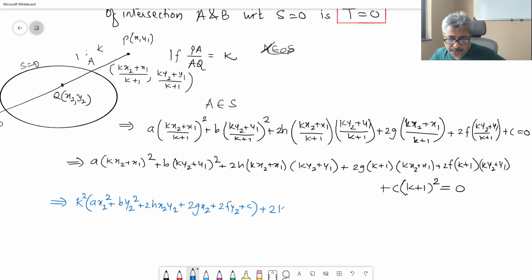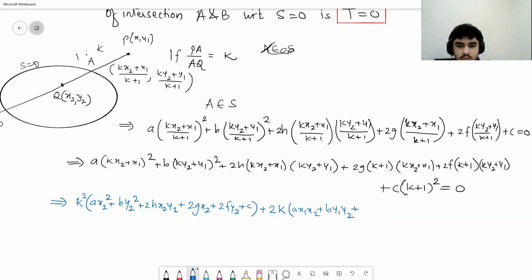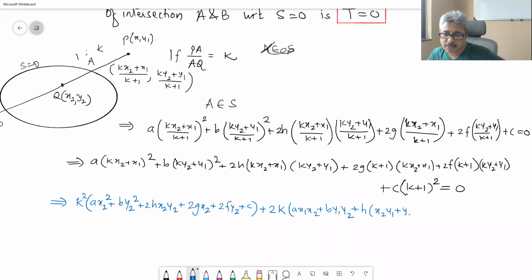Plus, what is the coefficient of 2k? 2k into a x1 x2, plus b y1 y2, plus 2k h, and here 2k comes common, h into (x2 y1 plus y2 x1), correct? Yes.